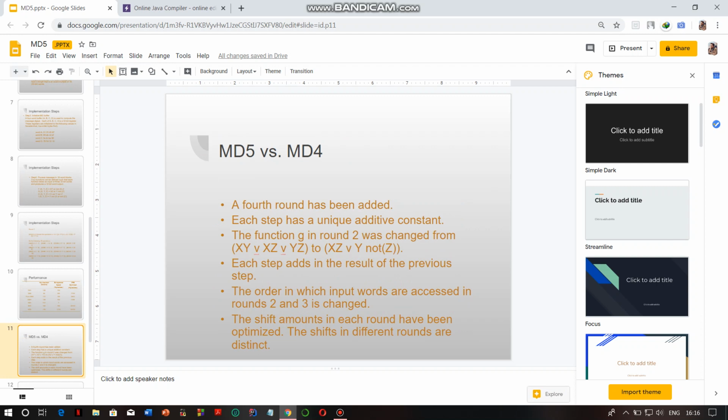The function g in round 2 was changed, as you can see on the screen, from yz in the last term to y and not z, and also the second term. Each step adds in the result of the previous step. The order in which input words are accessed in round 2 and round 3 is changed. The shift amounts in each round have been optimized. The shifts in different rounds are distinct.